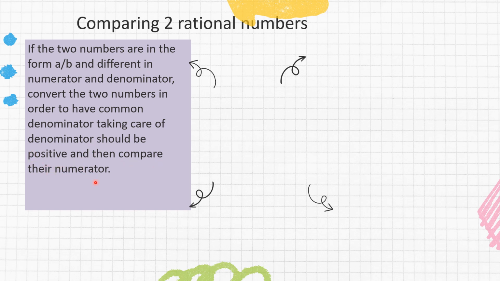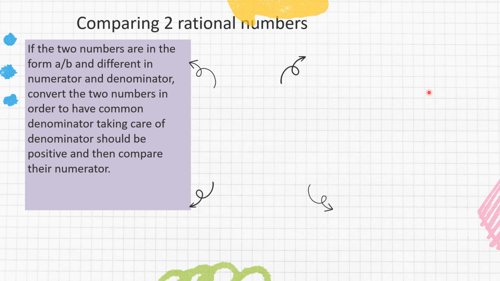Make sure that the denominator is positive. What will we get to convert? Math champions, excellent. We will get the LCM. Remember that you will use your knowledge to get the LCM and get the like denominator.